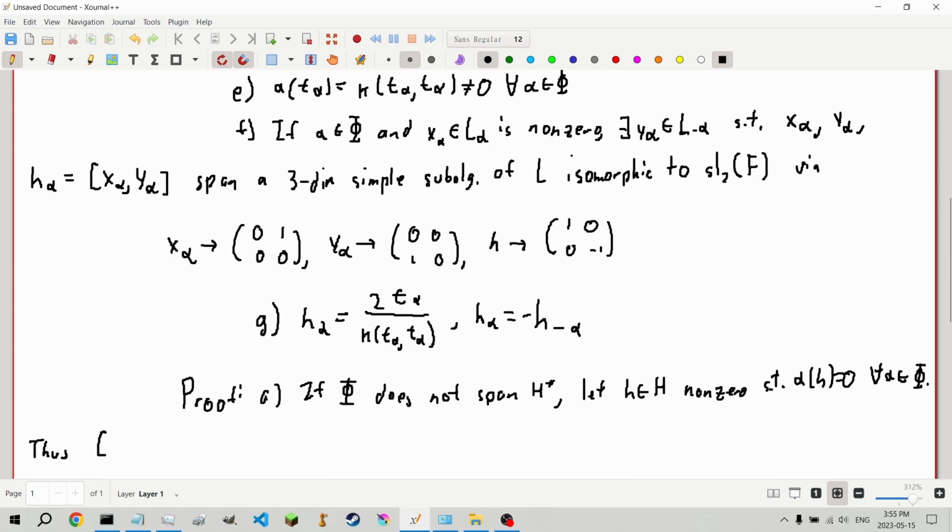Thus the bracket of h with each root space L alpha is 0, for every root alpha.